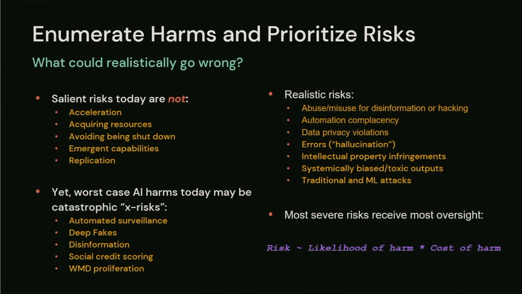Okay, so again, just around this theme of what could realistically go wrong, and considering those as the most likely risks, and down the line thinking those are the risks that are going to get the most risk management resources, the most mitigation resources.